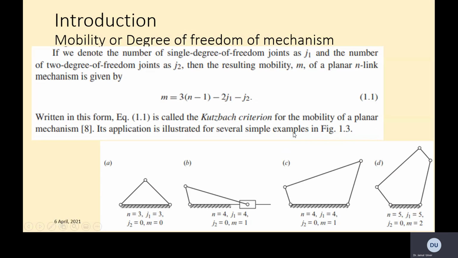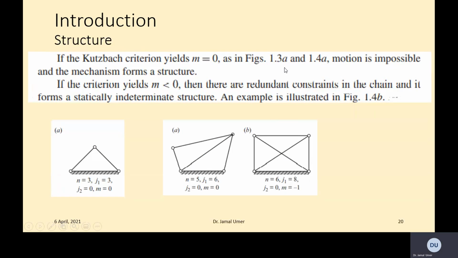So in that case, in figure 1.3a and 1.4a, the motion is impossible and the mechanism forms a structure.